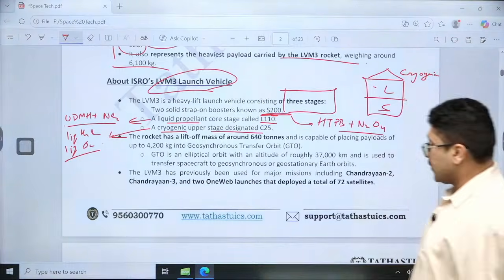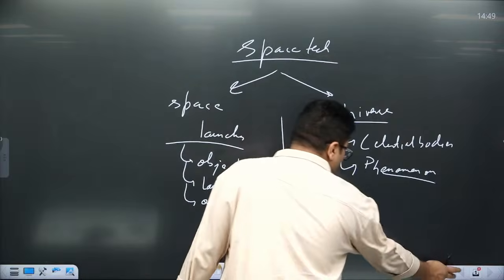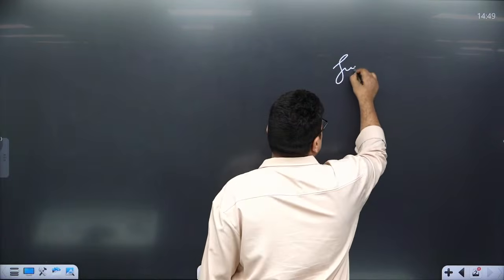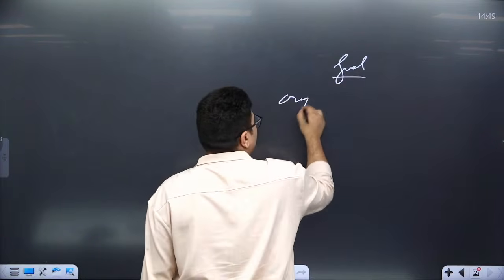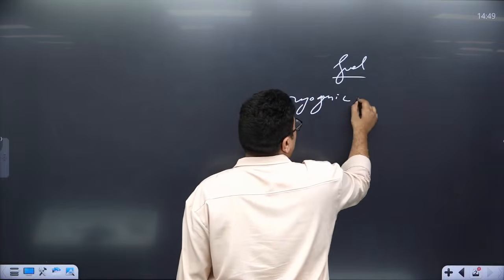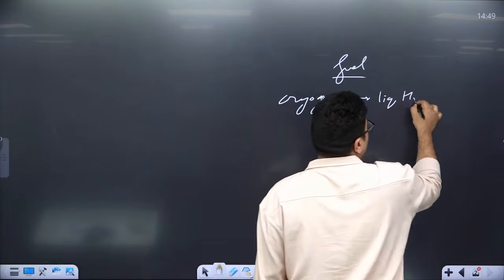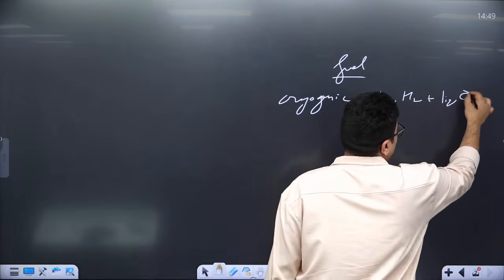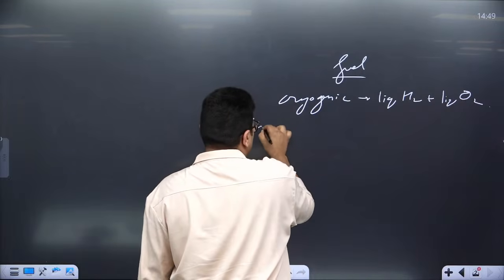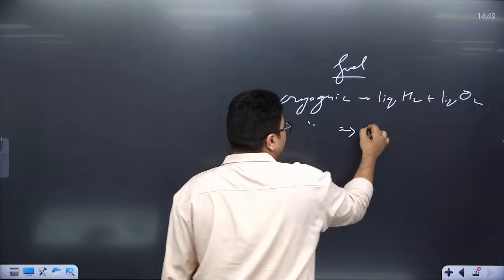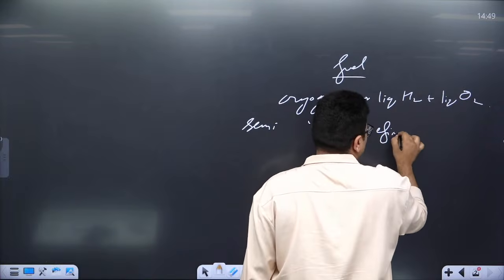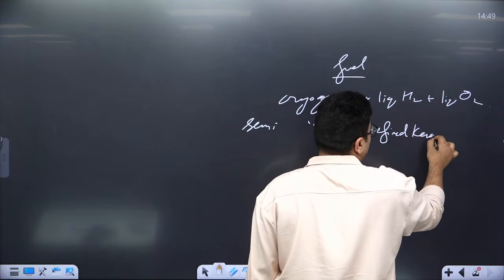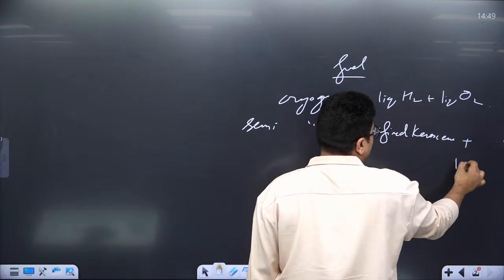So if you talk about the fuels, cryogenic is liquid hydrogen plus liquid oxygen. Semi-cryogenic is refined kerosene plus liquid oxygen.